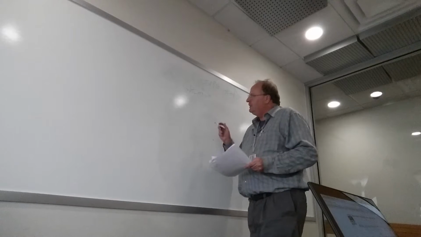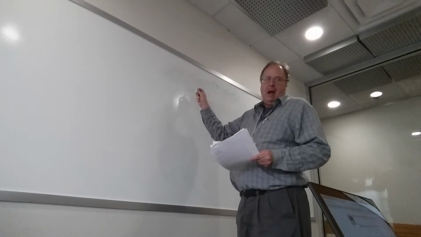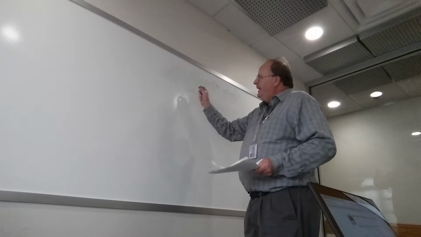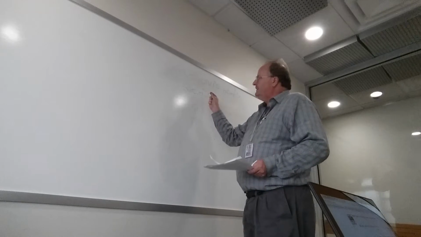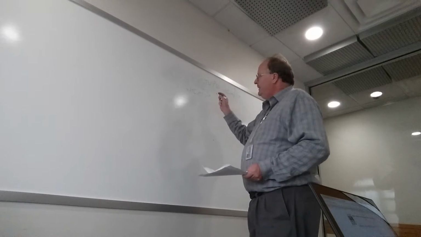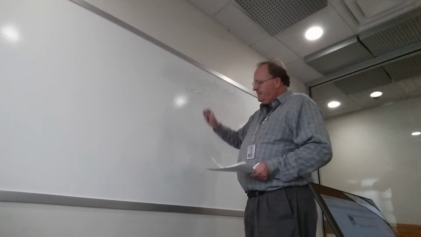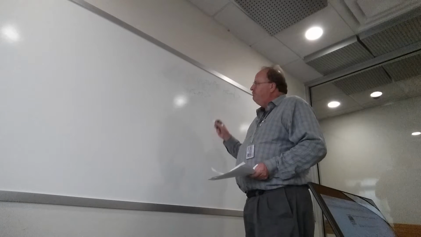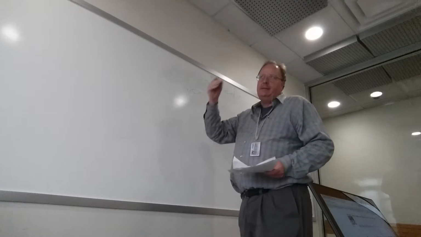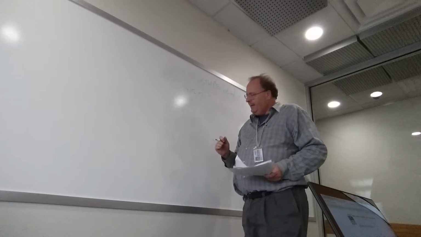And all tags are contained within these brackets. So an opening tag does not have anything else except what the tag name is. A closing tag has a forward slash before the tag name, which indicates that that's the closing tag.